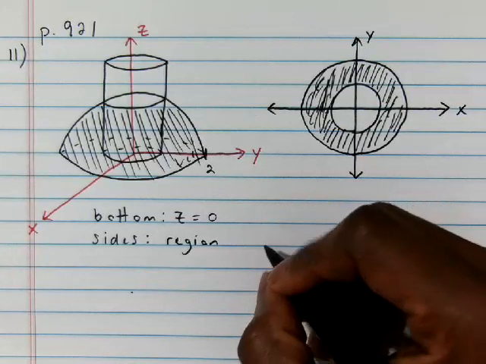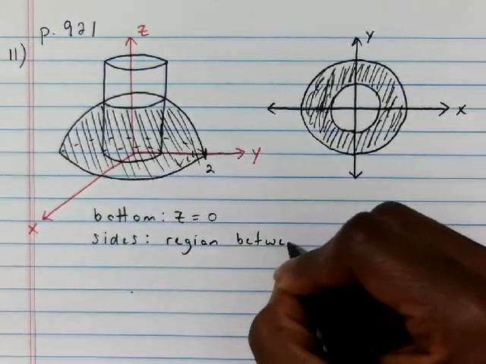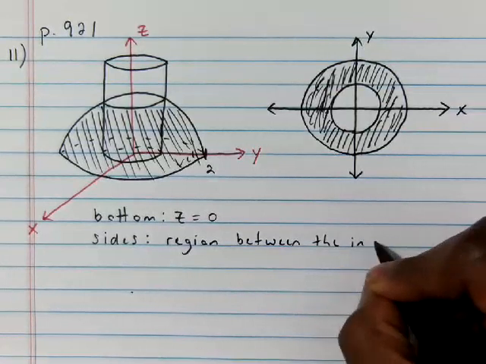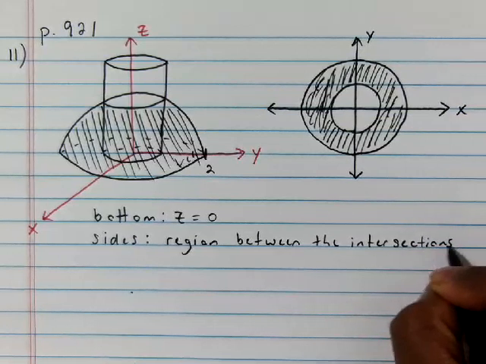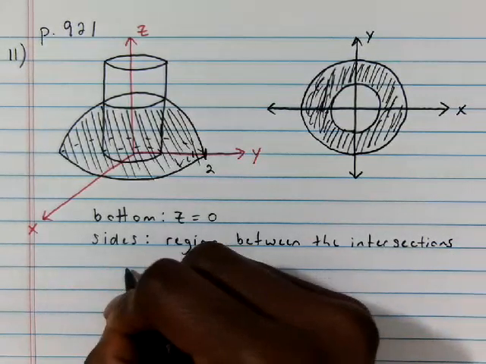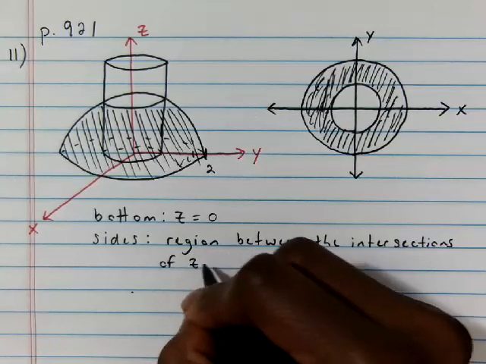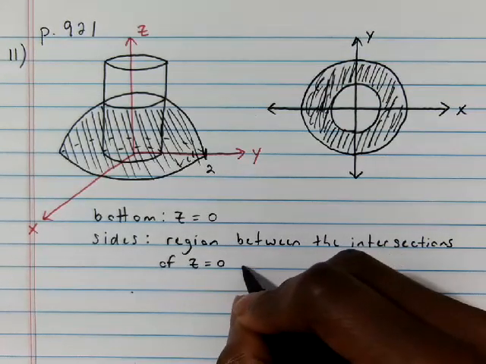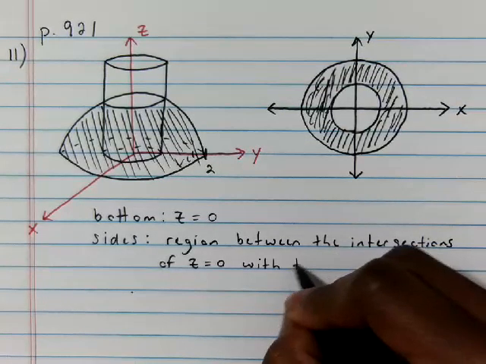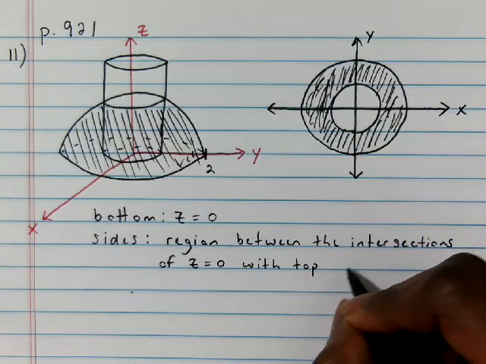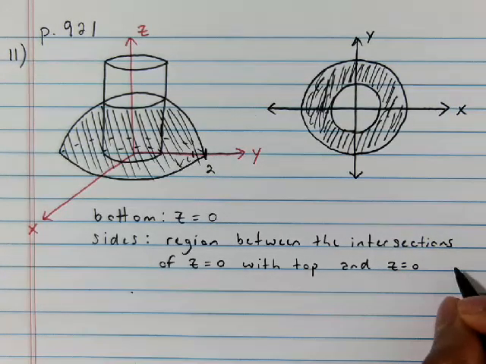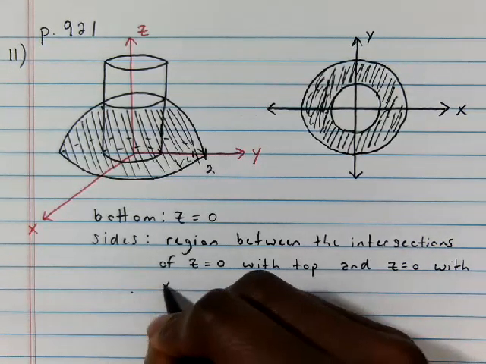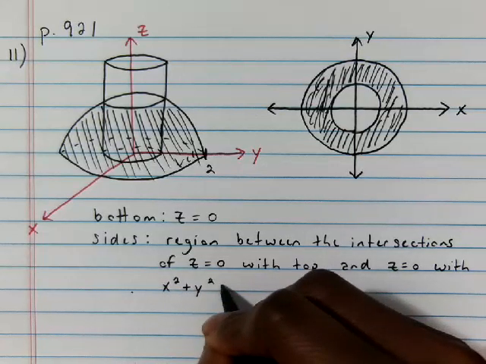So region between the intersections of z equals 0 with the top, whatever that is, and z equals 0 with x squared plus y squared equals 1.